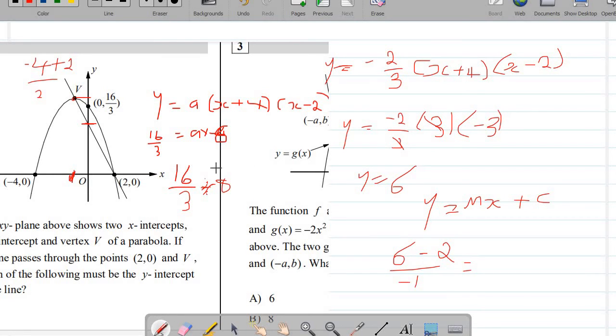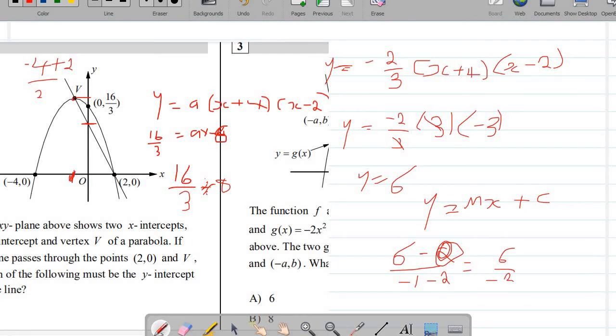No, the y is 6. This y is 0 here. So it's 6 minus 0, and here is minus 1 and 2. So it's minus 1 minus 2. So that's it. 6 minus 0 is 6, and minus 1 minus 2 is minus 3.